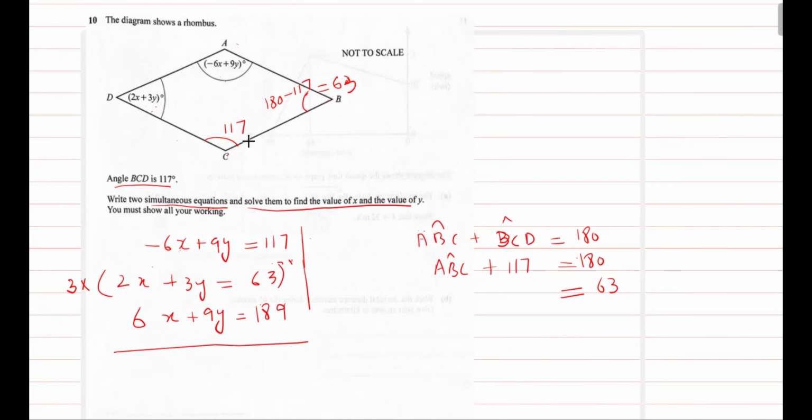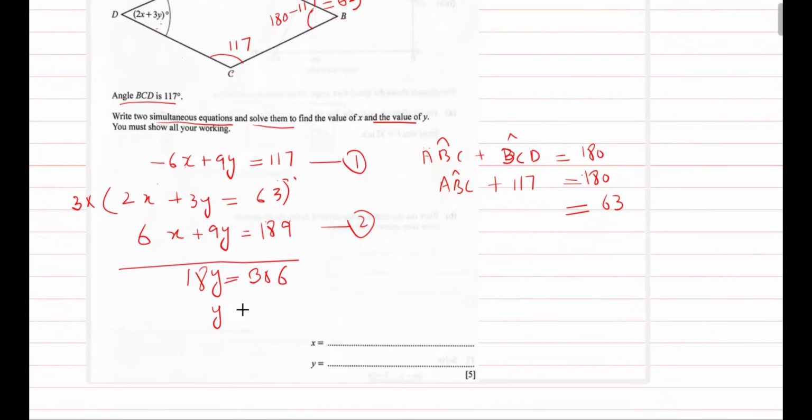When we add these two equations, equation 1 and 2, we get 9 plus 9 is 18y, and this is 306, and therefore y will be equal to 306 divided by 18. 6 times 3 is 18, 6 times 51 is 306, 3 times 17 is 51. Therefore, y equals 17.